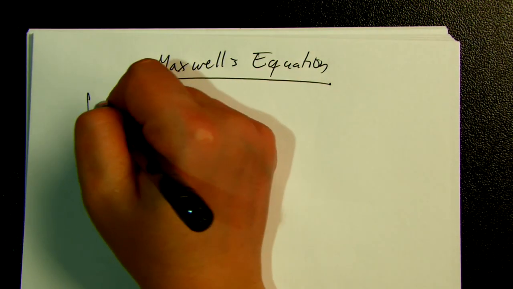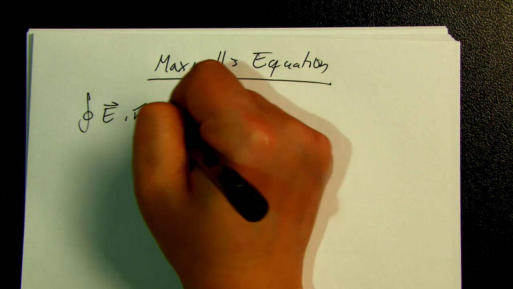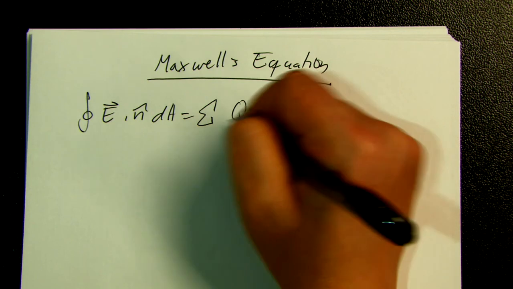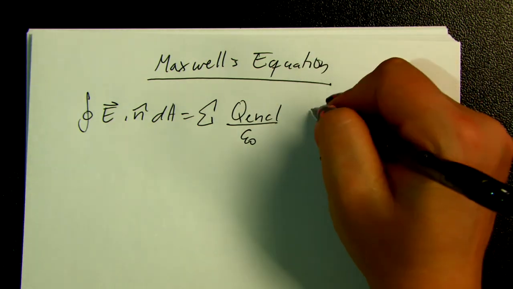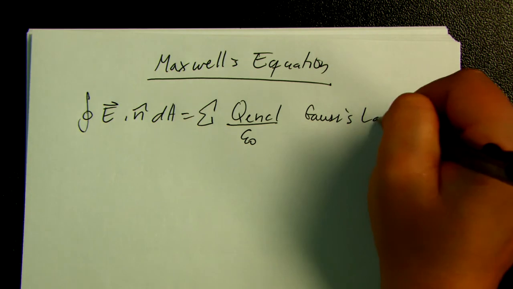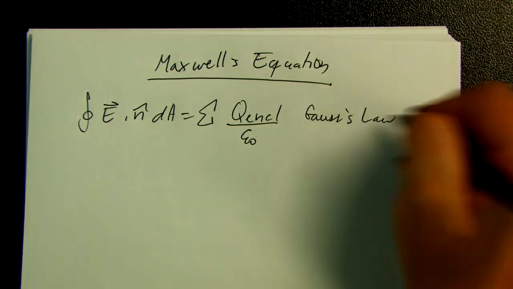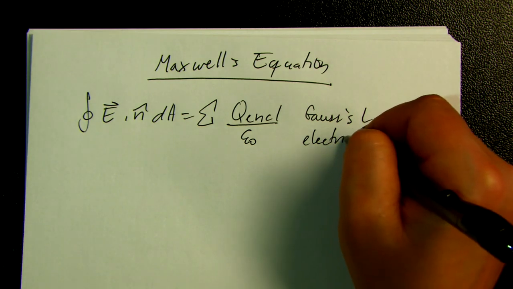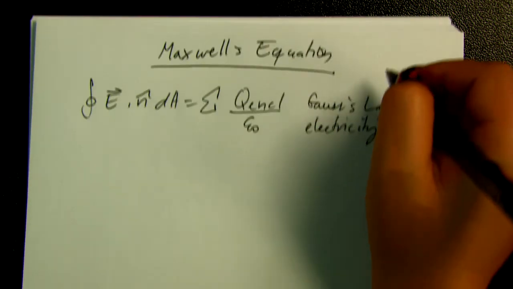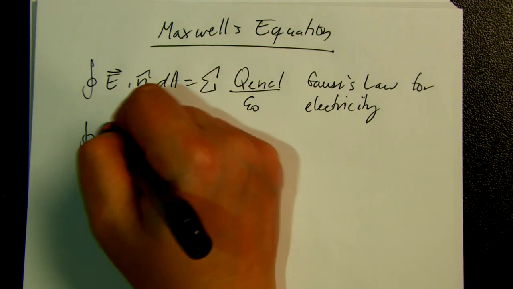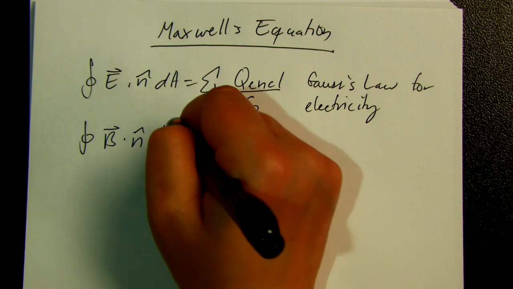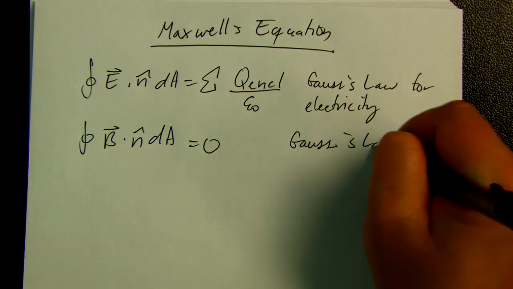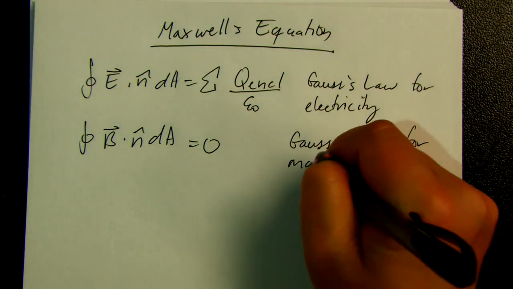So E dot n hat dA is equal to the sum of Q enclosed over epsilon naught, which is Gauss's law for electricity. And then we have B dot n hat dA is equal to 0, which is Gauss's law for magnetism.